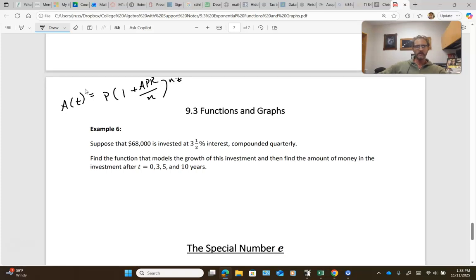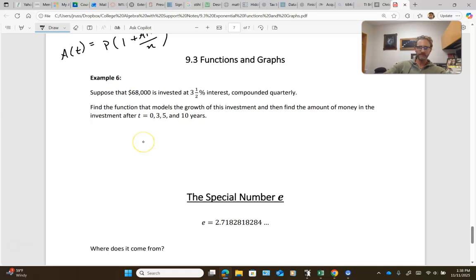So we're investing $68,000. 1 plus APR, where APR is 3.5%. When you put this in your formula, you want this percentage to be a decimal. So you have to divide it by 100, or in other words, move that decimal to the left 2 places, and it'll become 0.035.